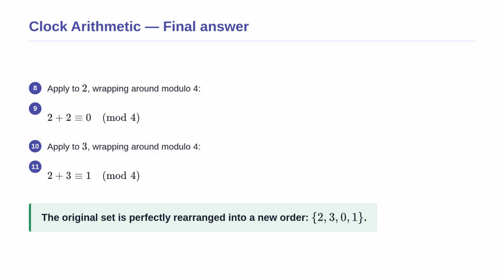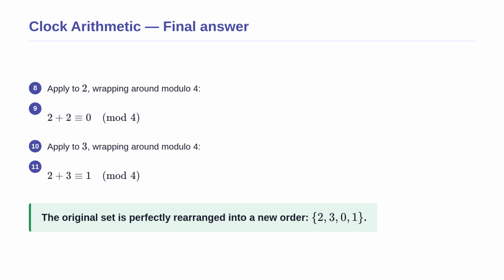Now for the final steps of this example, where the special wrapping rule comes into play. We add our acting element 2 to the target element 2, which normally equals 4. However, because our clock face only goes up to 3 before resetting, the number 4 wraps around and becomes 0. Finally, we add 2 to the last target element, 3.